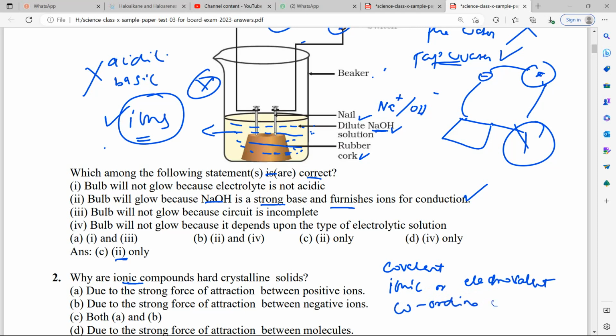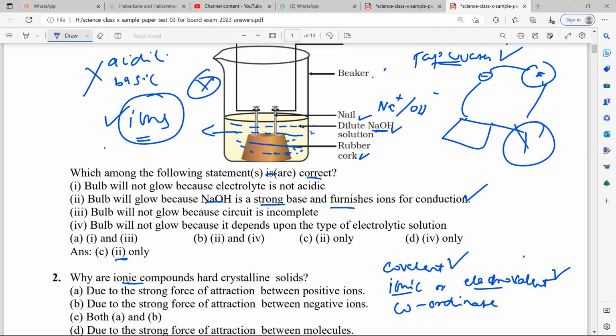These are the types of bonds, and the compounds formed because of these bonds are called specific compounds. The compounds formed through covalent bonds are called covalent compounds. The compounds formed through ionic or electrovalent bonds are called ionic compounds. The compounds formed through coordinate bonds are called coordinate compounds.